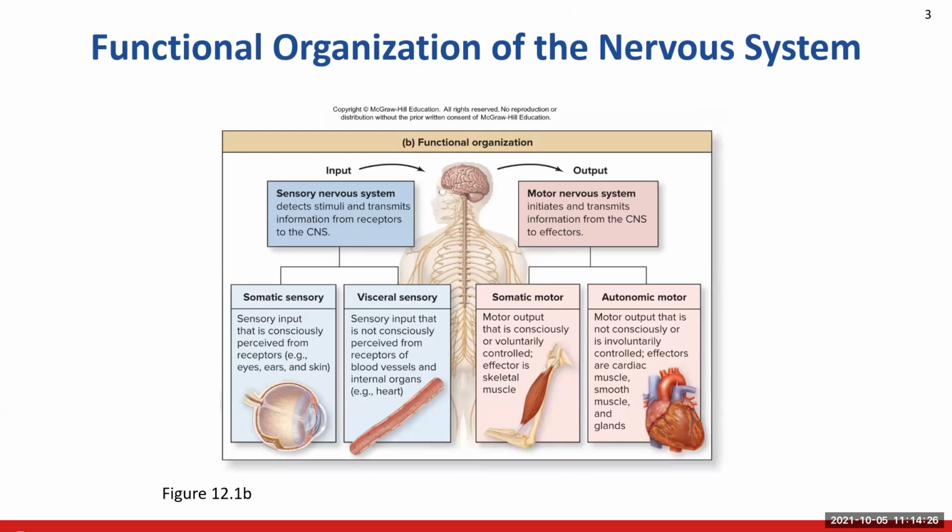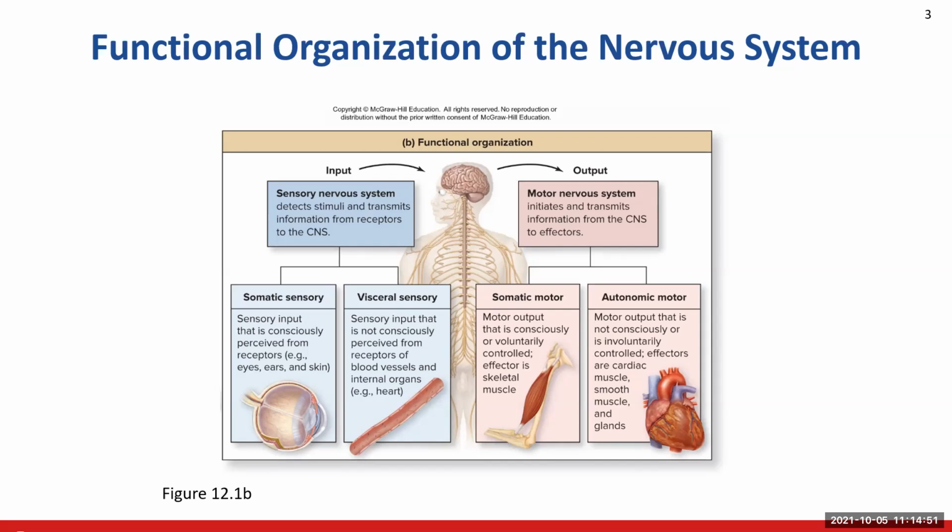Okay, so the other way that we are going to organize our nervous system is the physiological way, or the functional organization. So when we're dealing with that, it's a little bit more to it. So we have what's known as our sensory nervous system, and then we have our motor nervous system.